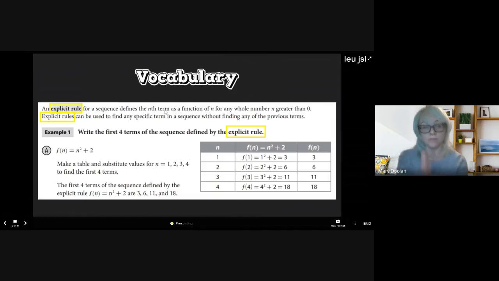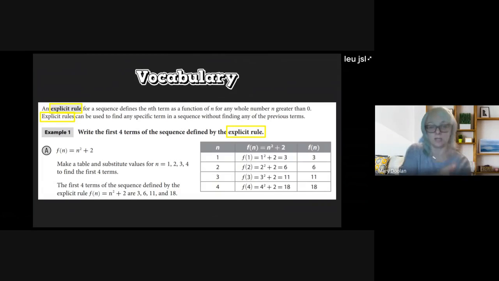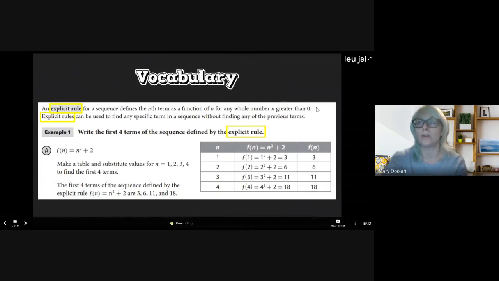Remember, the terms in a sequence: the first term is the very first one, then the second term, the third term, the fourth term, the fifth term. And the nth term is a general way of referring to any of the terms. So the nth term as a function of n for any whole number n greater than 0.